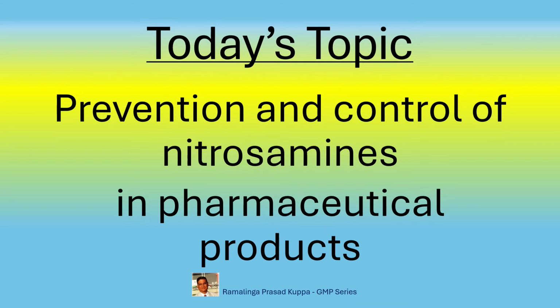Annex 2 of the WHO Expert Committee on Specifications for Pharmaceutical Preparations 58th report provides a detailed strategy on identification and control of the nitrosamine impurities in pharmaceutical products, in WHO Technical Report Series number 1060 dated 2025. Let us understand the requirements in this video.